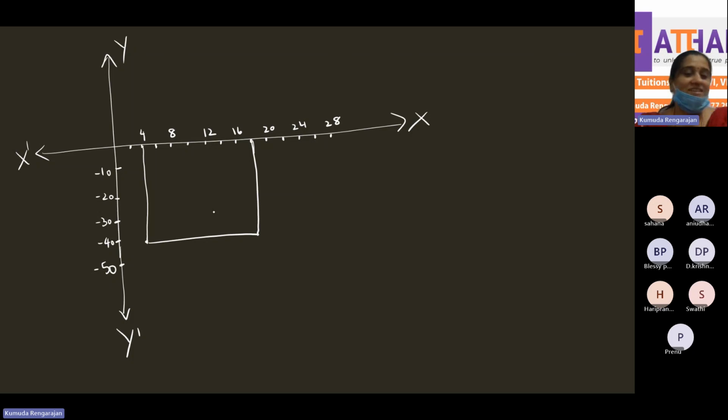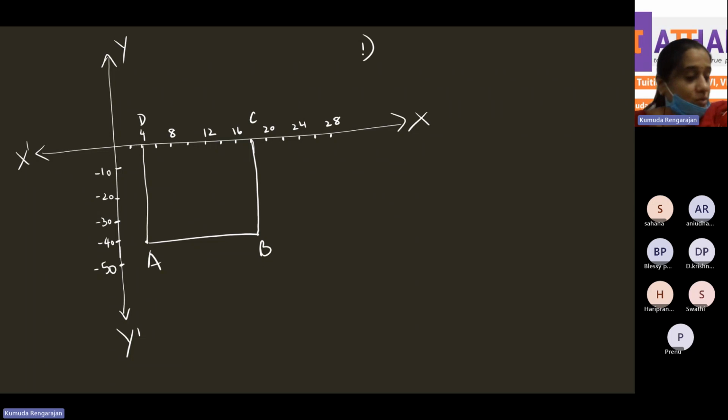All right, children. So with respect to this figure, answer these questions. Please take down the figure, and these are the questions. Write the equations of the sides of the rectangle. Let me name it, call it ABCD. ABCD is a rectangle.